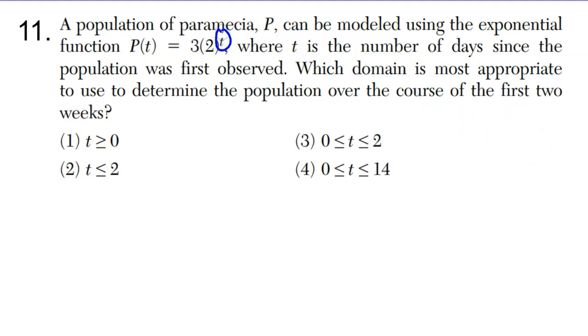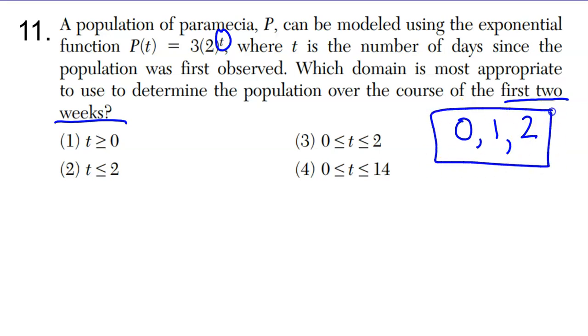So t is time. So the time is from 0 past the first week all the way up to the second week and stop. So that domain has to be between 0 and 2, which is answer 3.